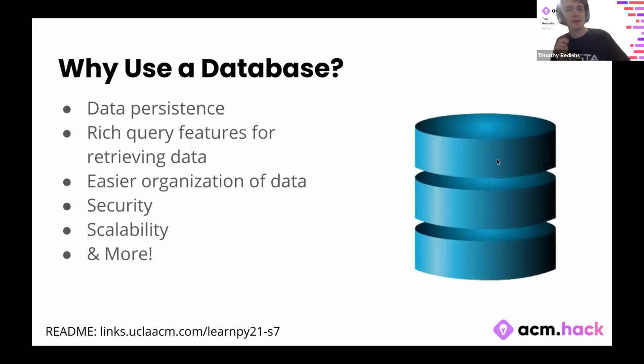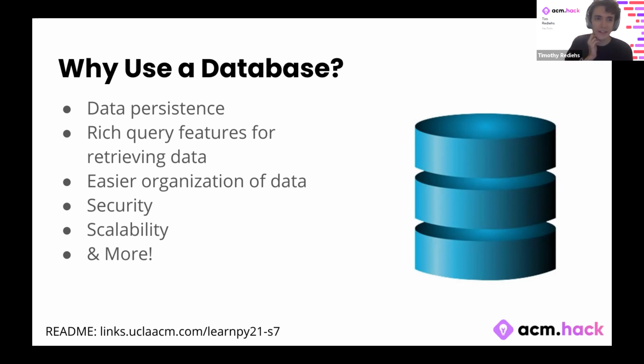So why use a database at all? Like we've seen, we can store a lot of stuff in our RAM or main memory just by making variables. There's a lot of advantages to using a database, especially for an application that you are putting in production or planning to. Here are just a few ones I'll highlight.